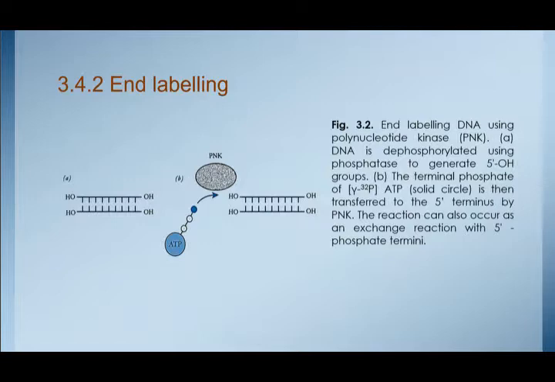As you see in figure 3.2, part A, DNA is dephosphorylated using phosphatase to generate 5' hydroxyl groups. In part B, the terminal phosphate of phosphorus-32 ATP is then transferred to the 5' terminus by PNK. The reaction can also occur as an exchange reaction with 5' phosphate termini.